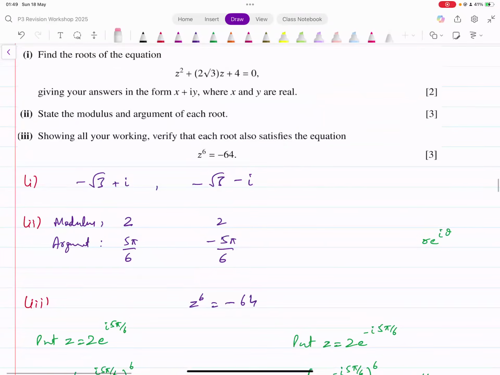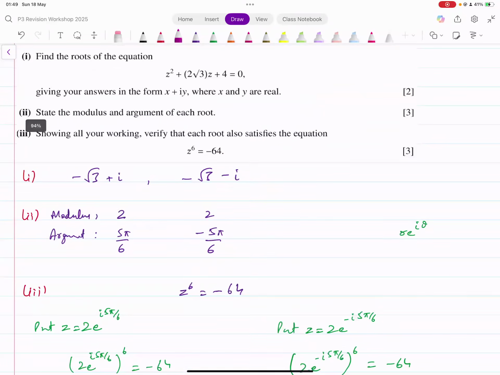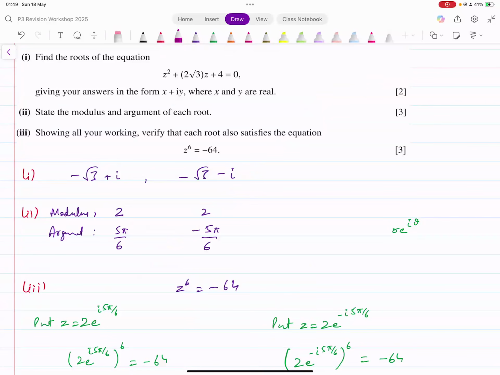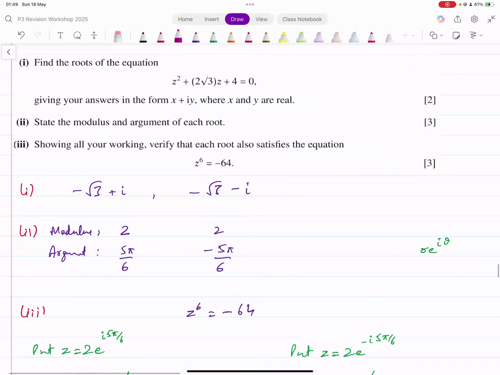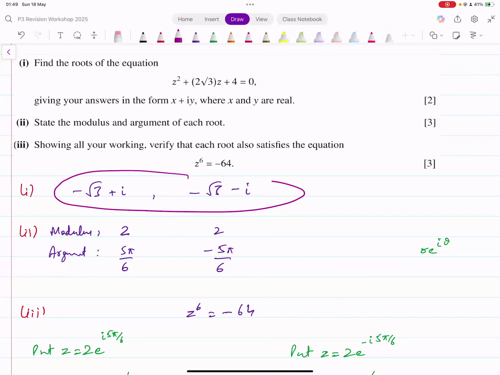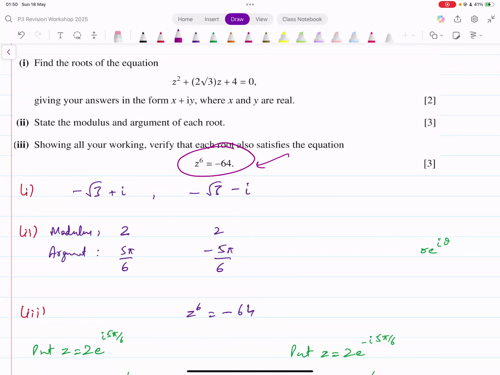Okay, now the first two parts of this question are really straightforward. You have to find modulus and argument of them, and then in the last part you see they're saying the roots that we got in the first part, you have to show that they also satisfy this equation. Z raised to power 6 equals minus 64. How do we do this?